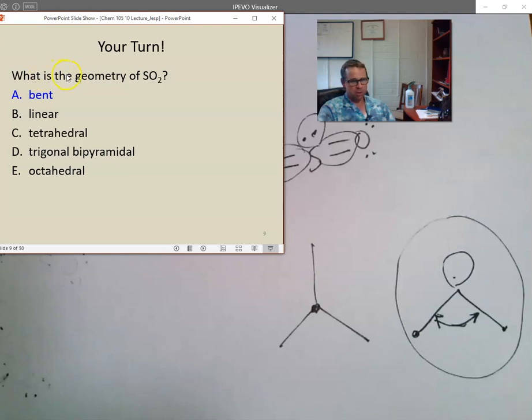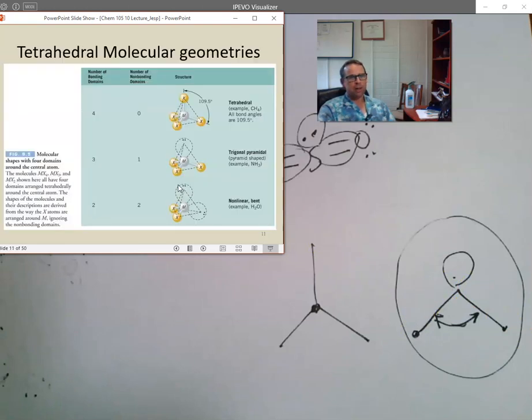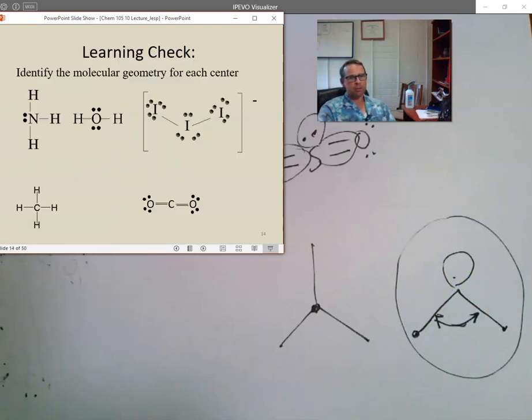It should have said clearly what's the molecular geometry, so the shape of the resulting molecule. All right, very good. So it's the number of regions of electron density around the central atom and whether those regions are bonding or non-bonding that tells us the molecular geometry of these structures.